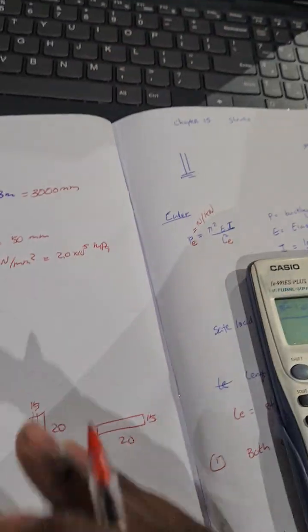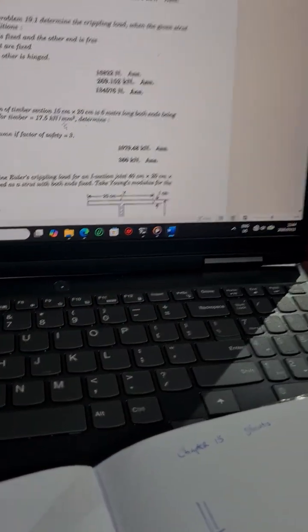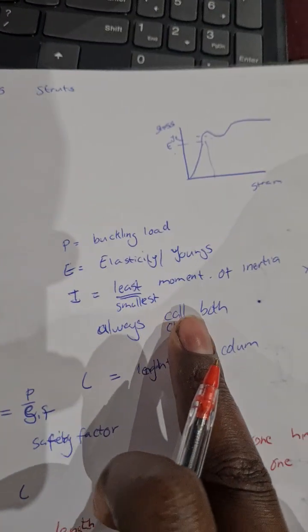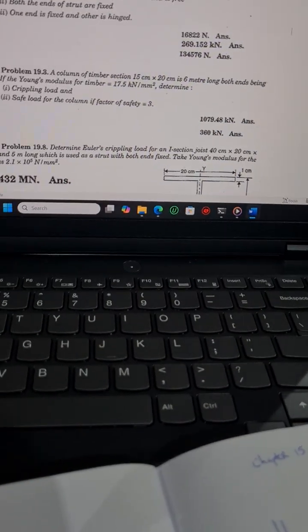Let's do 19.3. You must do it, because I told you, for I you always use the least moment of inertia. So page 3 is 19.3, you're going to do it. It's easy.